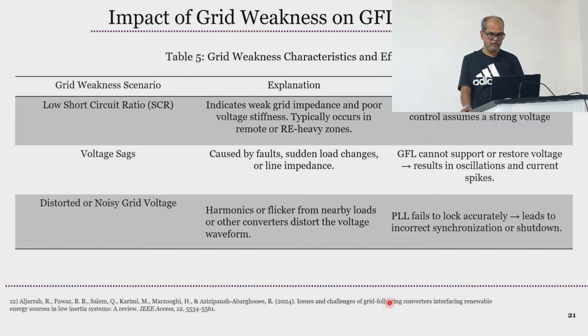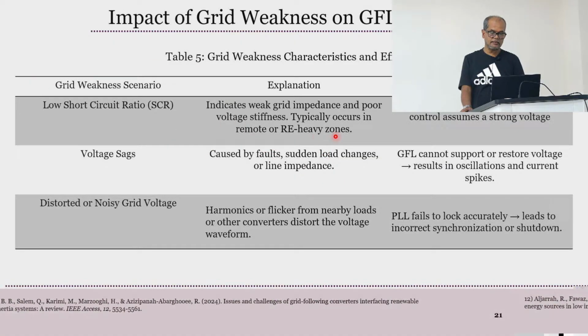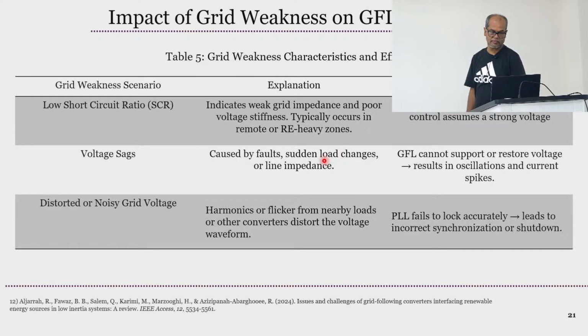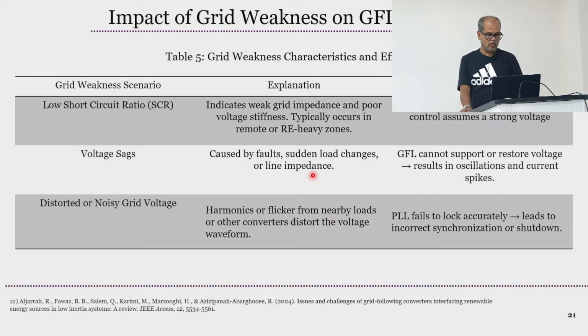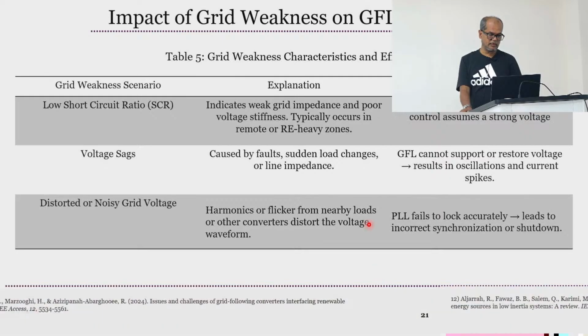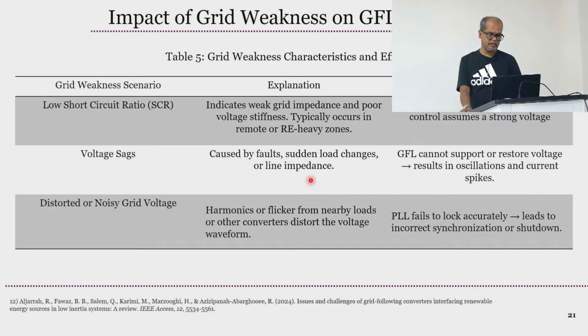Voltage sag might be caused by sudden load change and also high impedance. Noisy voltage can come from harmonics or flicker from nearby loads. Sometimes it can also come from converters that distort the voltage.